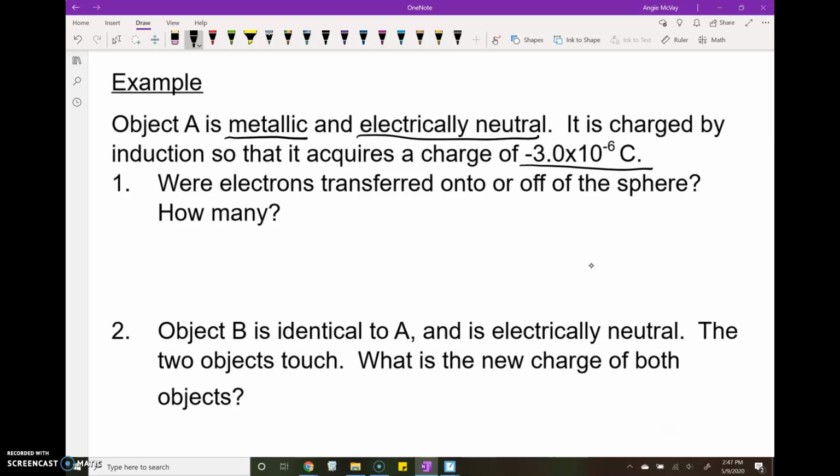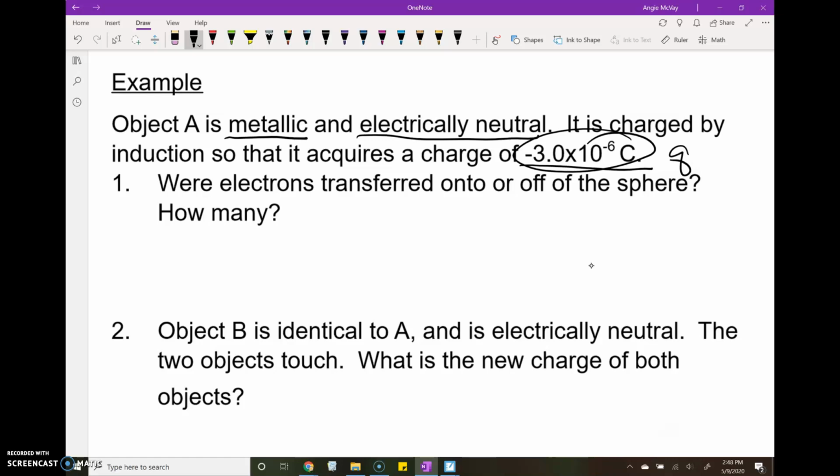This charge by induction business doesn't matter. What this problem is saying is that we had a metallic object that was neutral, and then we put some negative charge on it, and now this is its charge. Were electrons transferred onto or off of the sphere?